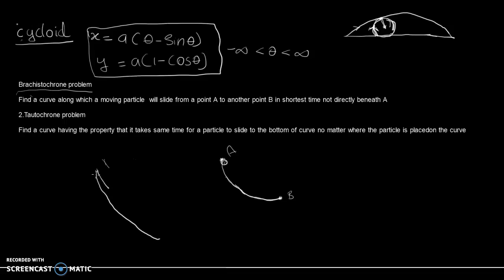So this is a path here. It's actually a cycloid path. Suppose I'm placing the ball here. Suppose I'm placing the ball here.